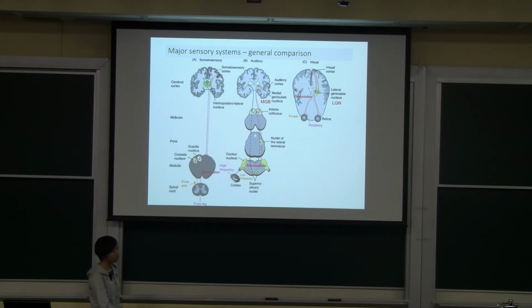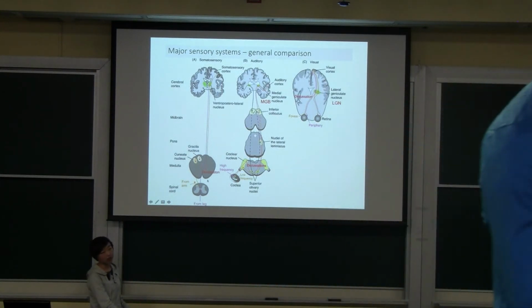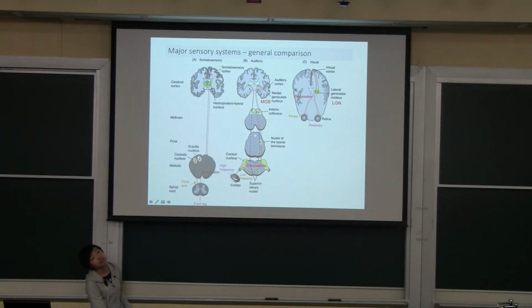So first of all, the somatosensory system, you get inputs from actually the whole body, and those inputs come into the spinal cord from dorsal root ganglia cells here, and it enters the body from the dorsal part and travels along the spinal cord, then all the way up to here. The green structure is thalamus, then relays to the somatosensory cortex.